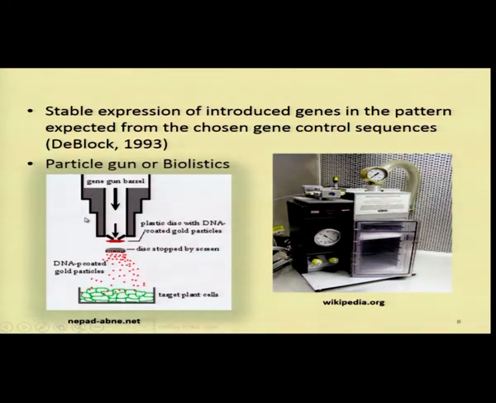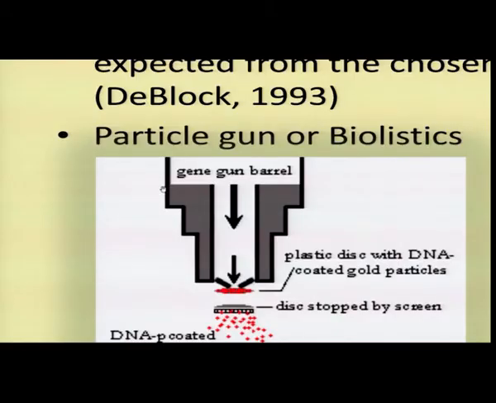As a recap, what we do here is, we have the gene gun barrel at this area. So you have the DNA, plastic coated DNA at this particular structure, gold particles. The DNA coated with gold particles are incorporated here. You apply vacuum here and you apply the pressure.